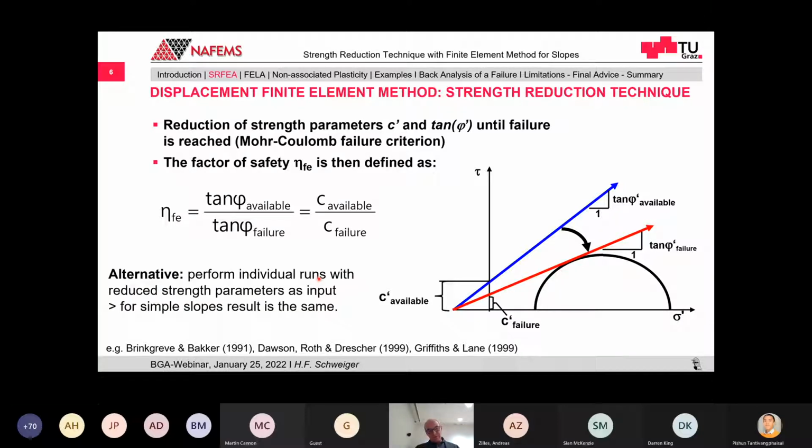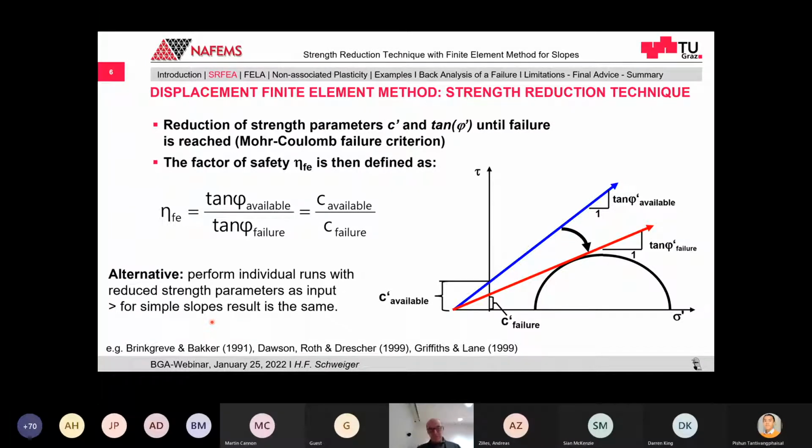Now there's a note in here, you have an alternative way of doing it, that you run individual runs, new runs every time with reduced parameters. So you don't start from your working load condition and then reduce the strength, but you do a separate analysis with reduced strength from the beginning and see how far you can reduce your strength parameters.